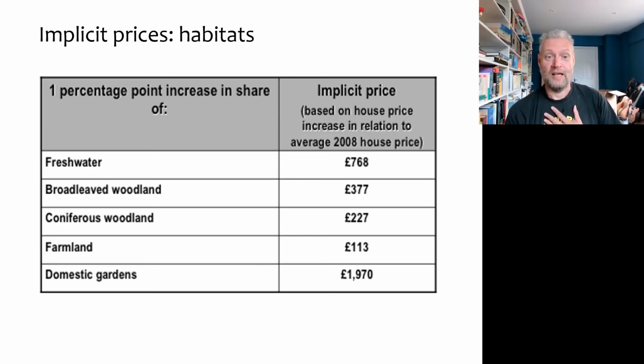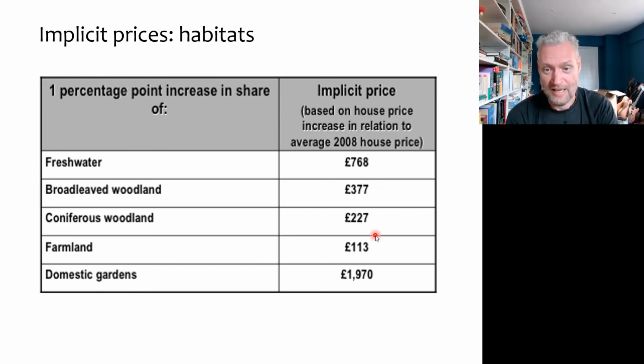So, if you live in an area, if in the circle around your house, the amount of fresh water increases by 1%, then the price of your house goes up by £768. And if there's more woodland, broadleaf woodland, then the price of your house goes up by 377.